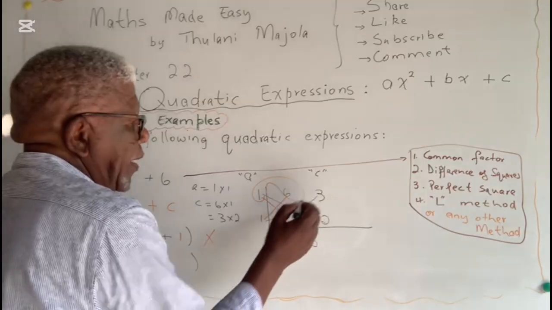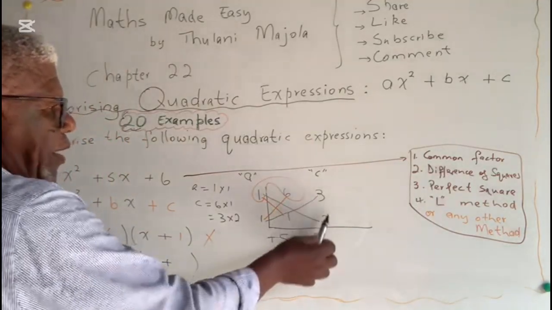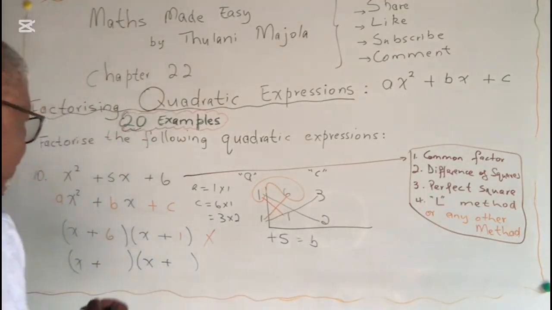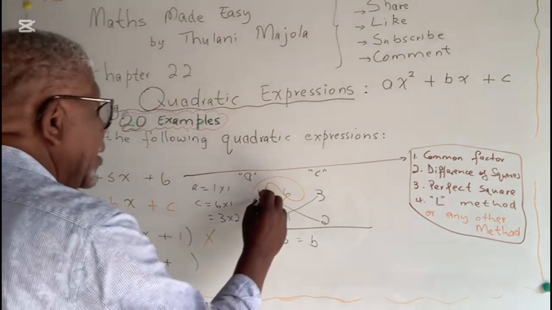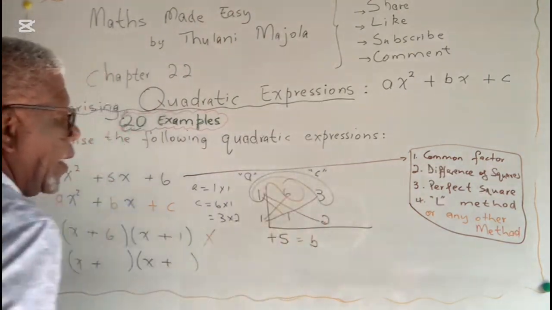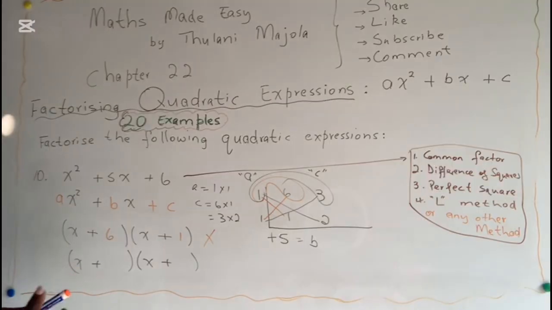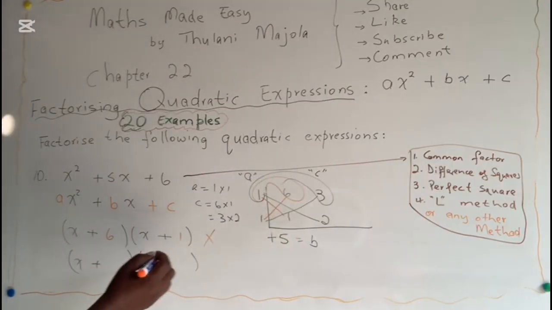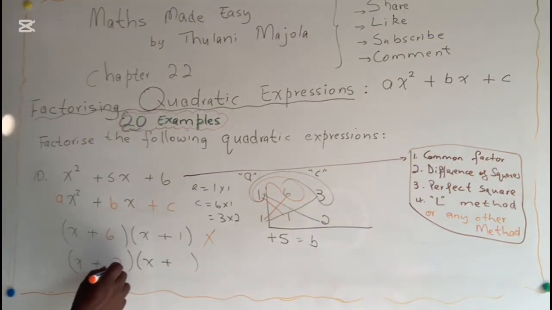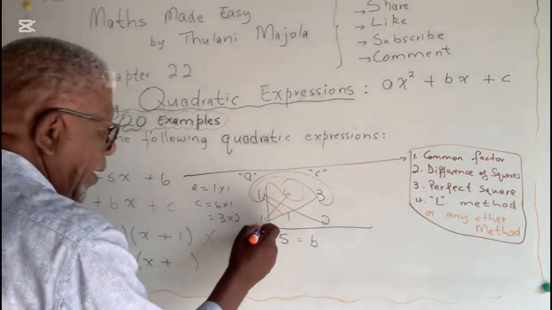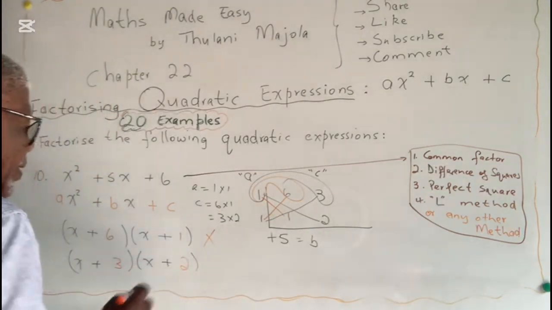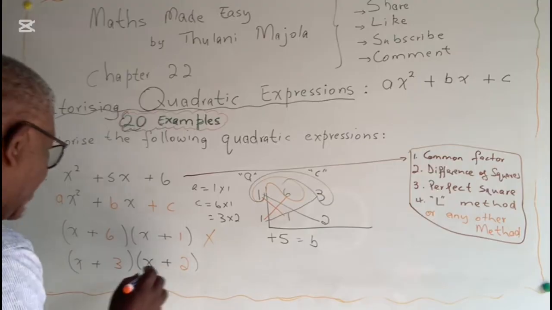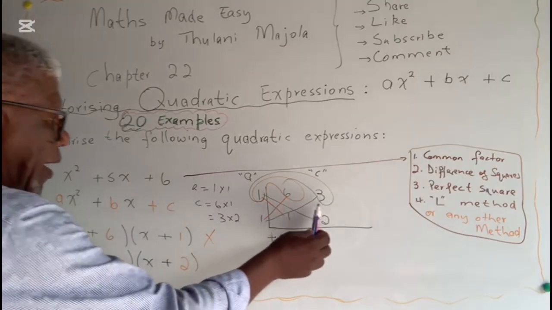Multiply this one by 3, you get a 3. Then you add the 3 to the 2, you get a 5. So your factors will be x plus 3, and the other one will be x plus 2. This is the correct answer.